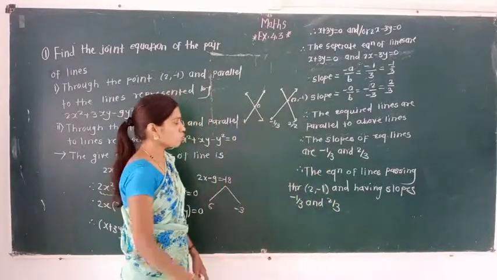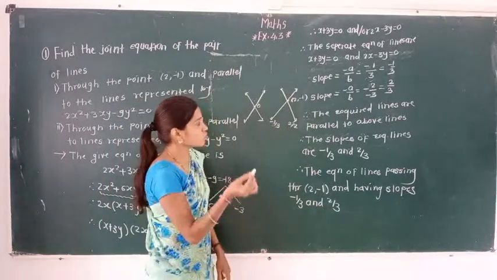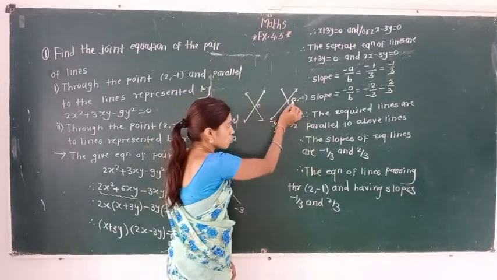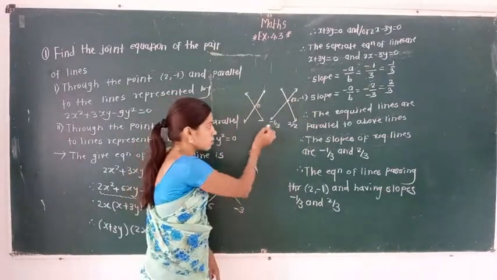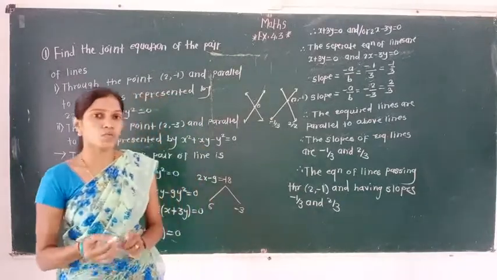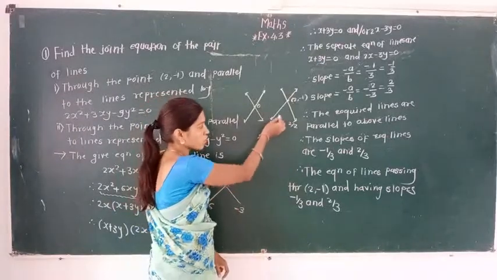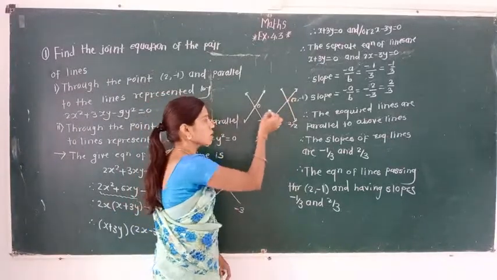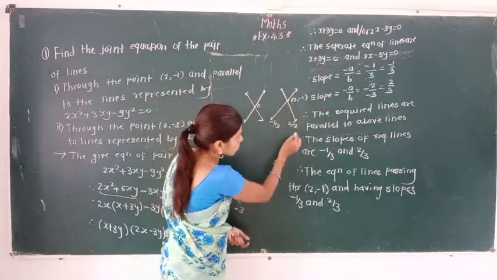First of all, we find the equation of the first line. This line passes through the point (2, -1) and its slope is minus 1 by 3. So we know one point and the slope of the line. By using the slope-point form, we find the equation of the first line. In a similar way we apply the form to get the equation of the second line.